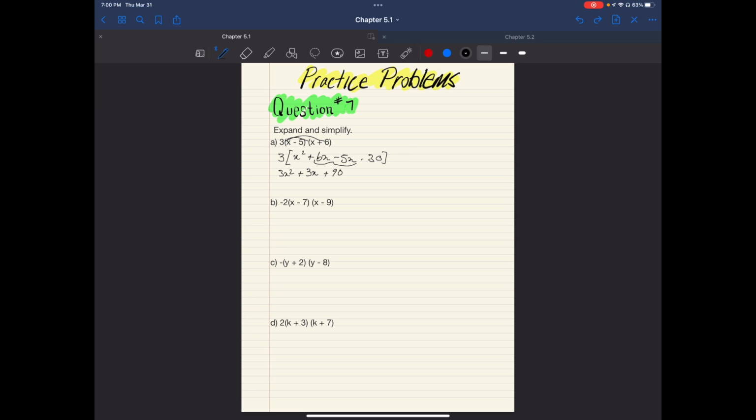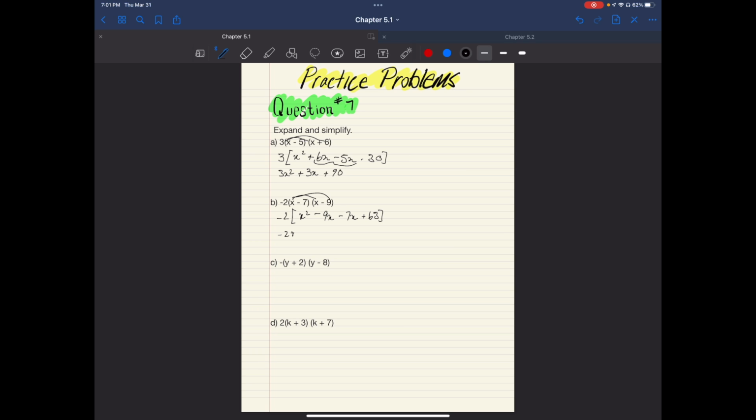Because this simplifies down to 1x times 3. Moving on. So we're going to write the -2 so we don't forget. x squared minus 9x minus 7x. 9 times 7 is 63, plus 63.